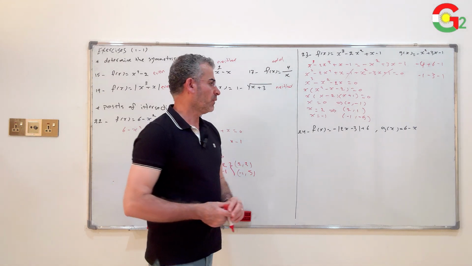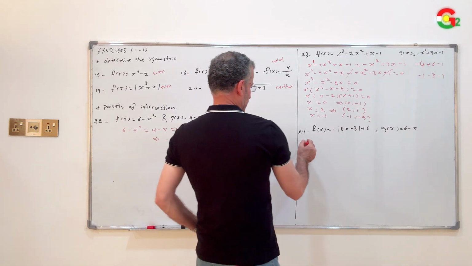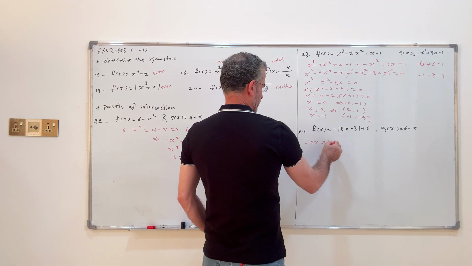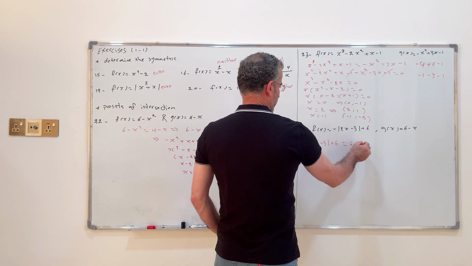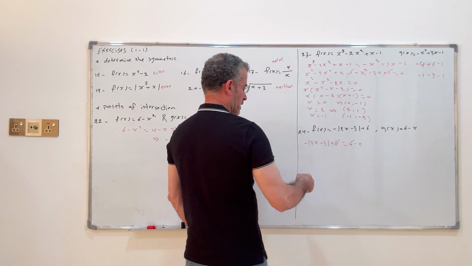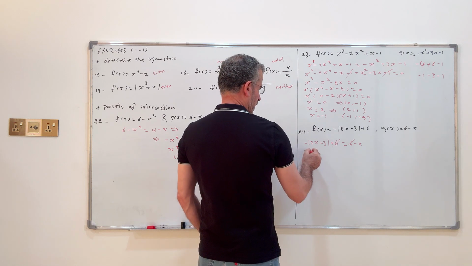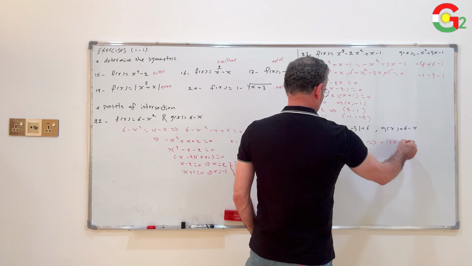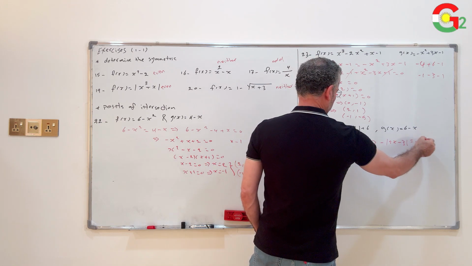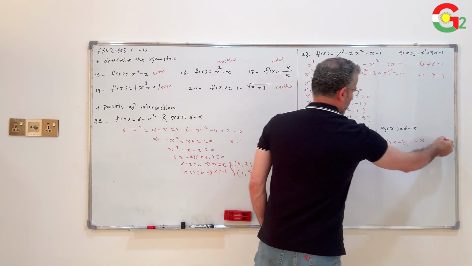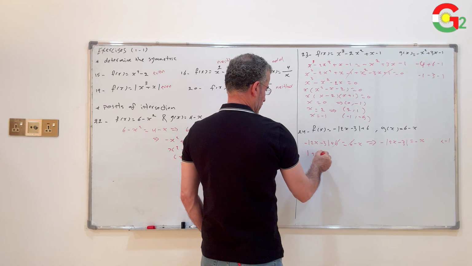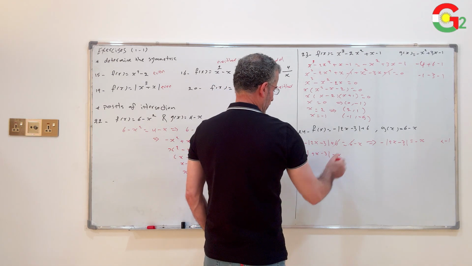Question number 24. Set f of x equal to g of x: absolute value 2x minus 3 equals x.